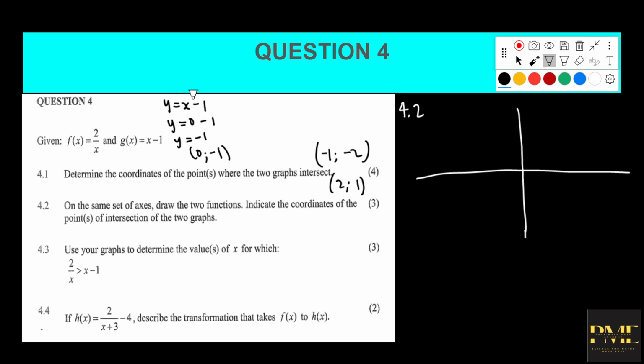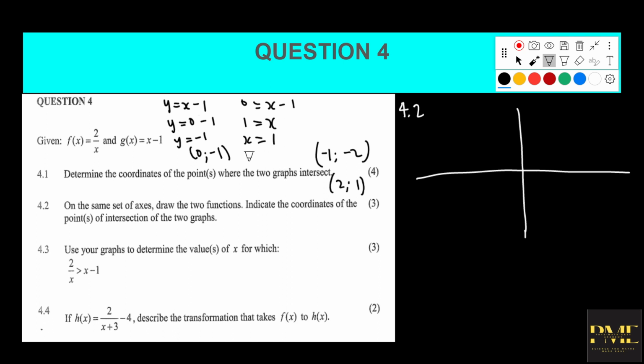And then we can do the same procedure to find out what x will be when y is 0, so we have 0 is equal to x minus 1, and then we transpose negative 1 to the other side, so we have 1 is equal to x. Alright, so if 1 is equal to x, it means x is equal to 1.